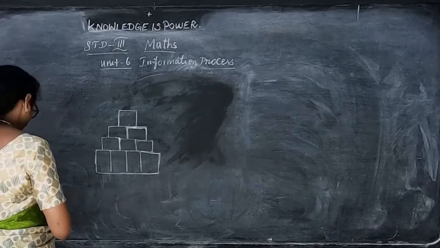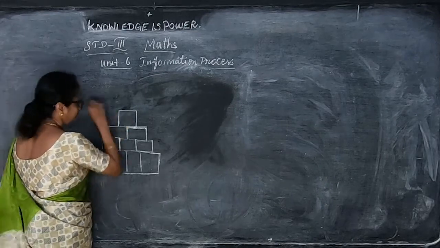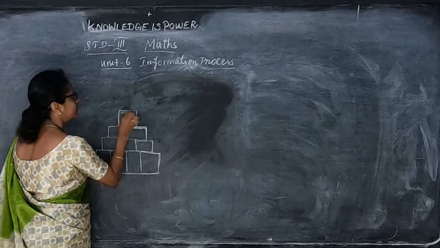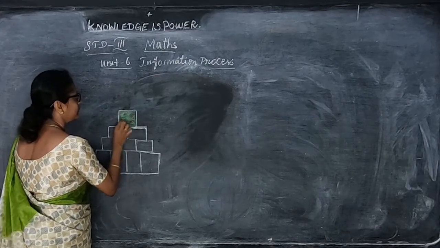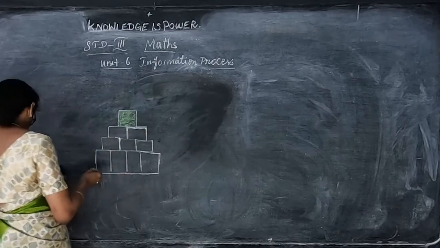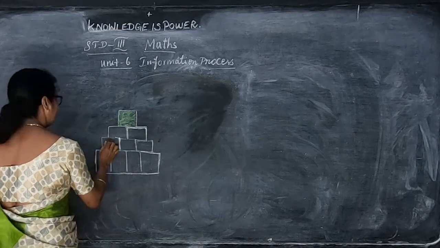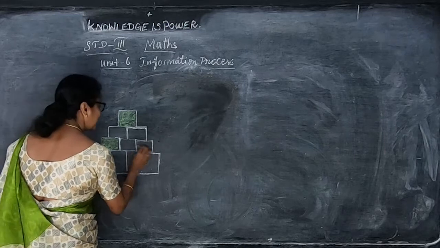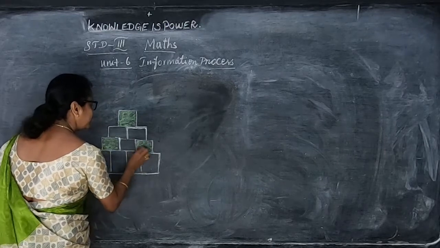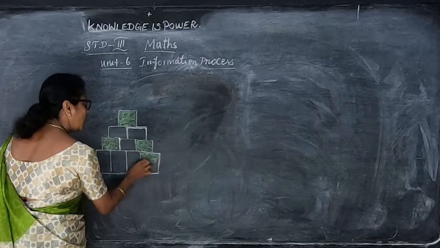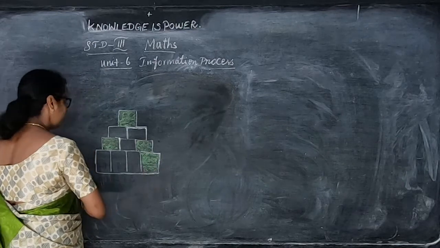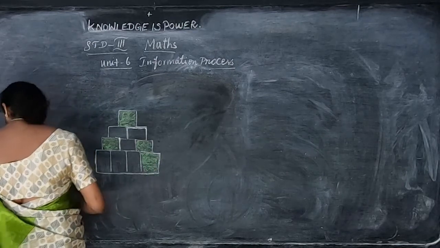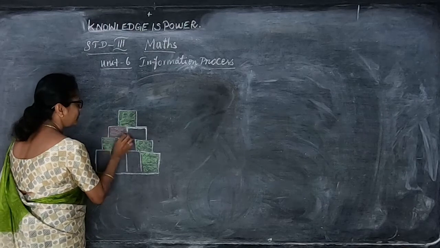They are given the color green. So where all is the green here? Here's the green. You can shade it with the green color, and after that you have to answer the questions. How many blocks are colored with green, and how many blocks are colored with pink, and how many blocks are colored with white.